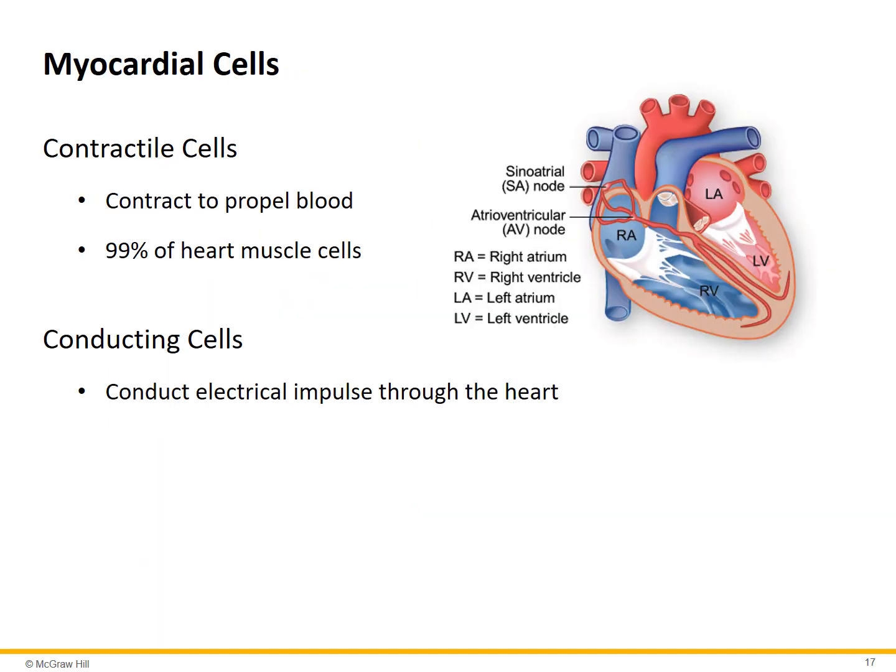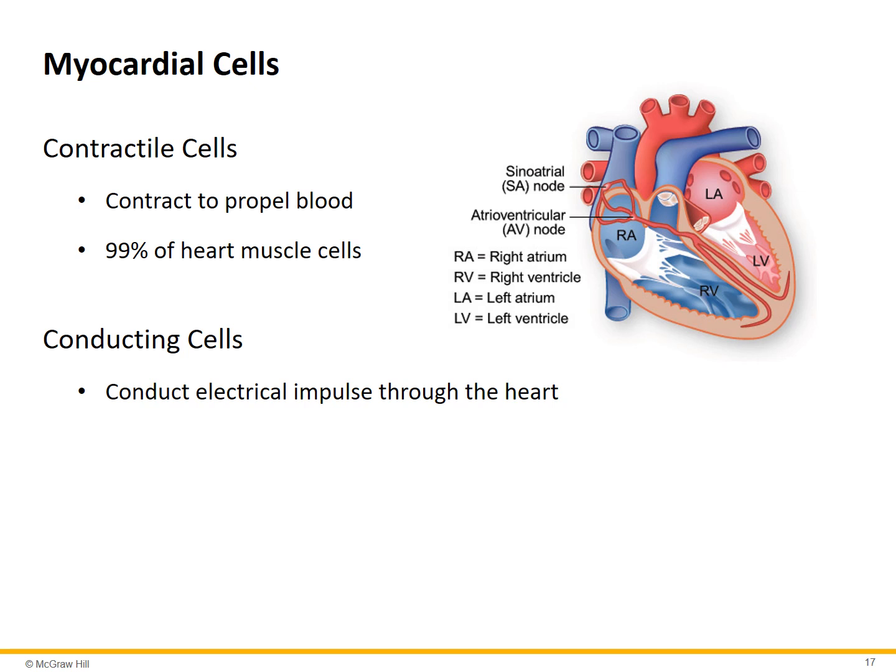All right. So 99% of the heart consists of these heart muscle cells, and they're called contractile cells. They contract to propel the blood. The other 1% is, and you do have the tissues that make up the valves and line the chambers, that's a little bit different.